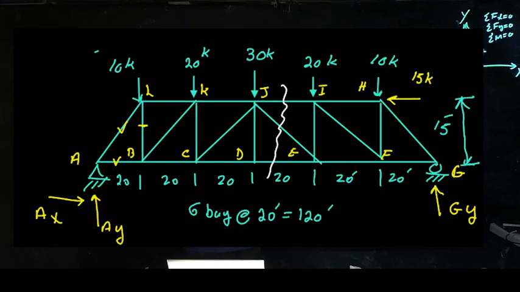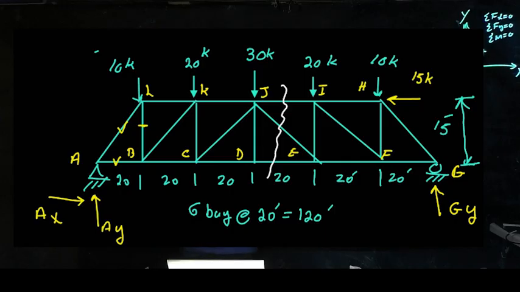Truss. Let me put it up on the board right there. So we got 6 bays at 20 feet, which is coming to 120 feet, from A to G. And you have all those loads on top, from 10, 20, 30, back to 20 and 10. And the height of the truss is 15 feet. And then we have a pin and a roller, so Gy and Ax and Ay.